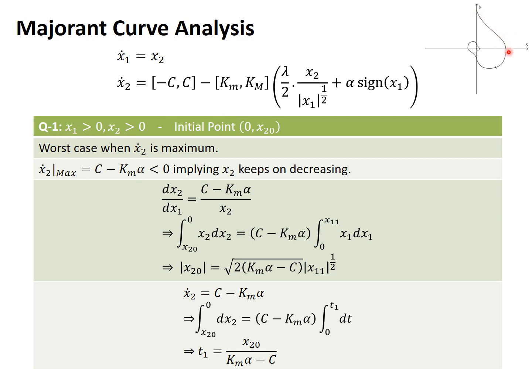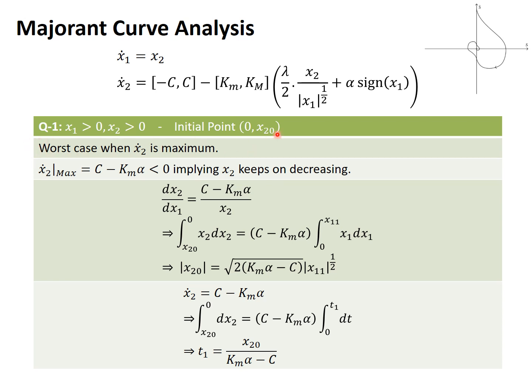If at all this is going down, that is also something we will prove, and where it is intersecting the x1 axis, that we will also see. So, in quadrant 1, the underlying property is that x1 and x2 both are greater than 0. The initial point chosen is 0, x2 0, that is the initial point.